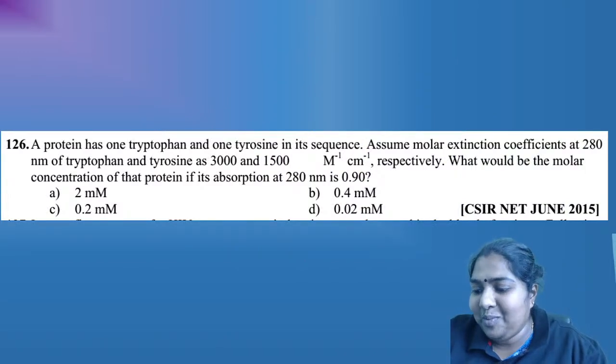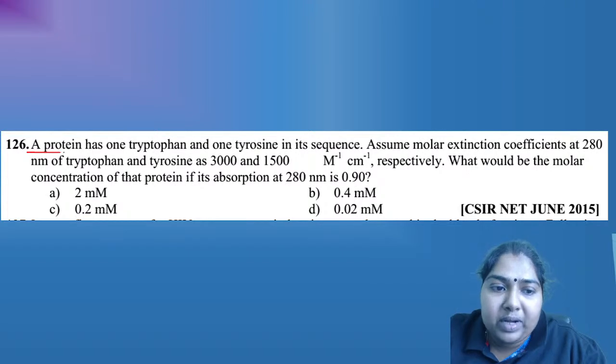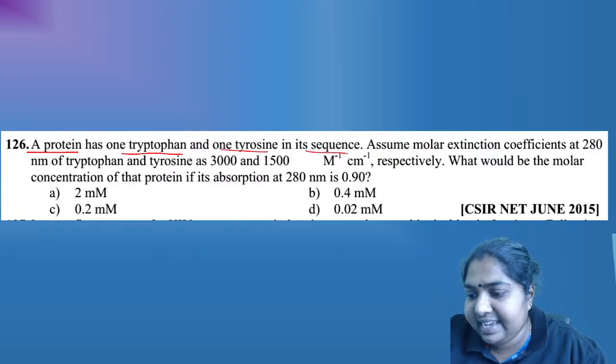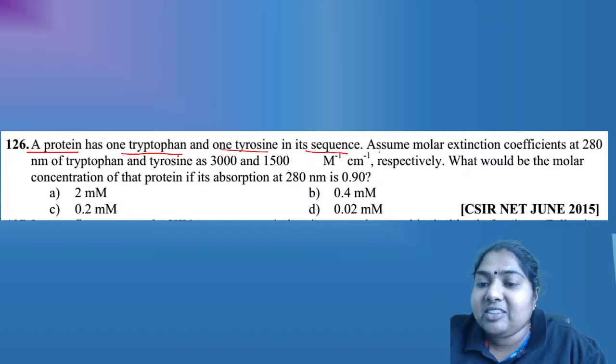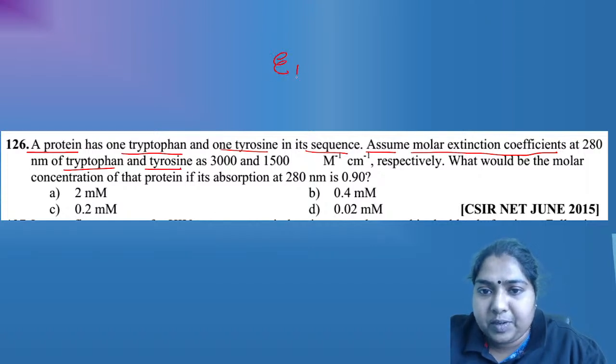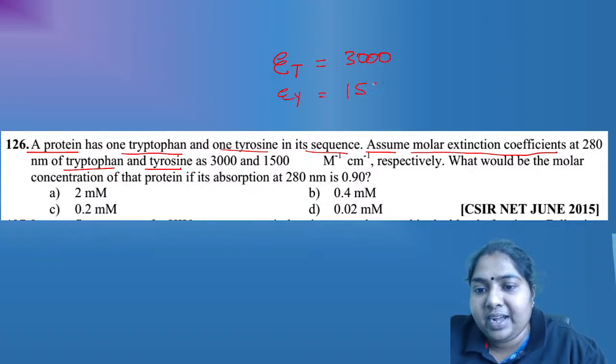Everybody is ready for the problem? A protein is present which has one tryptophan and one tyrosine residue in its sequence. Assume the molar extinction coefficient at 280 nanometer of tryptophan is 3000 and of tyrosine is 1500.